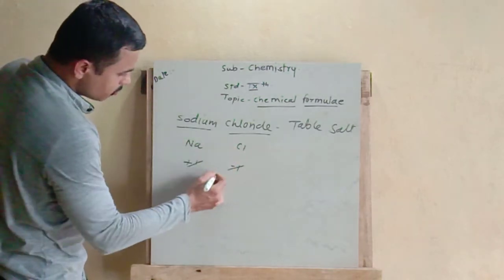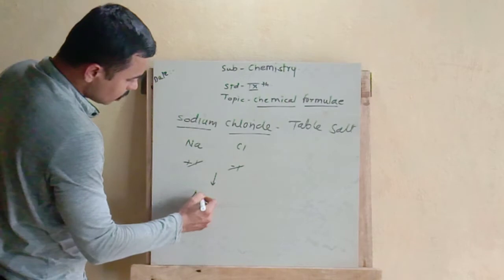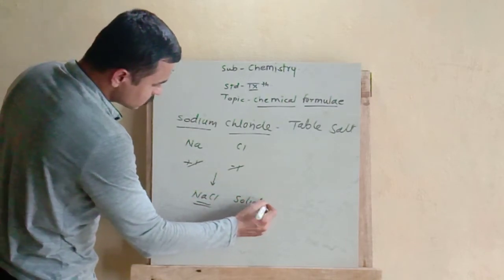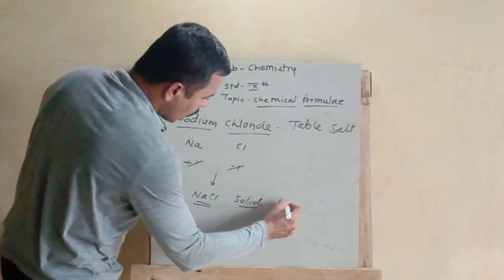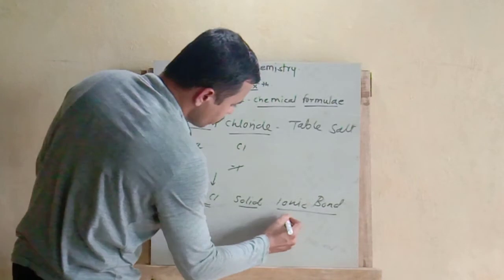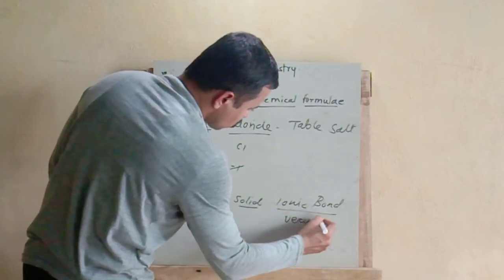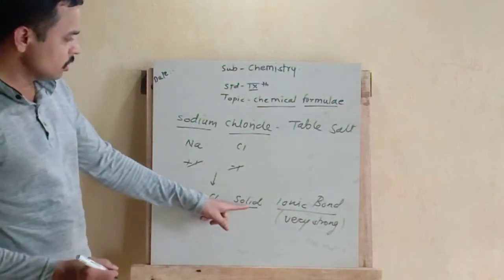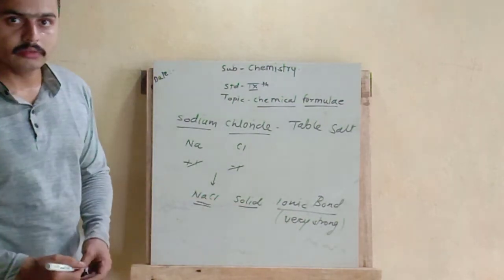So it becomes NaCl. It is solid in state. Why is it solid? Because it has an ionic bond, and that bond is a very strong bond. That's why it occurs in nature in the form of a solid.